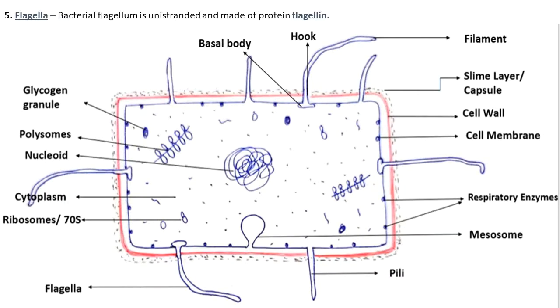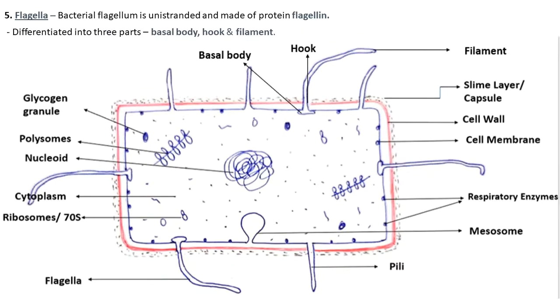And a typical flagellum consists of three parts. Number one is the basal body, which is embedded in the cytoplasm. Next, the part which is within the cell envelope is called a hook, and the exposed outer part is called the filament.